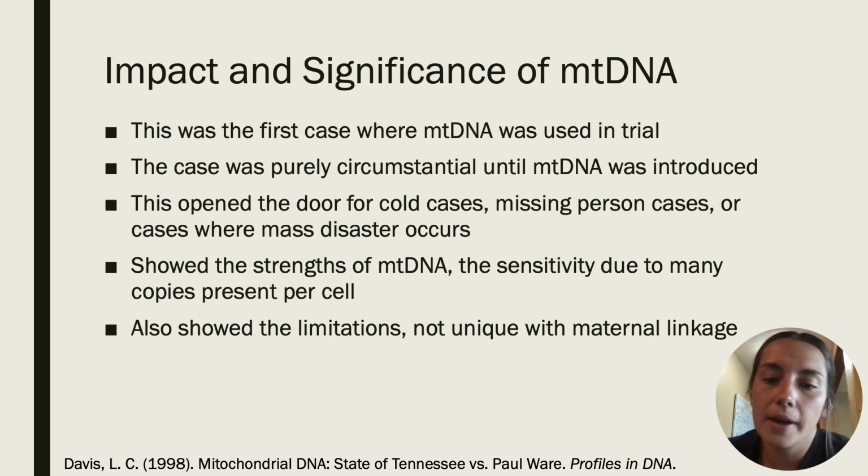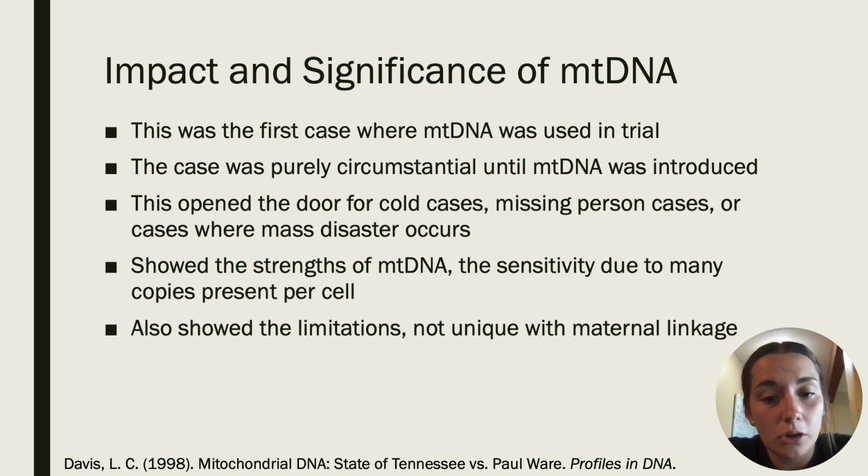So a little bit about the impact and significance of this mitochondrial DNA. This case occurred in 1996, and it was the first case where mitochondrial DNA was presented in a trial. So that was a pivotal moment in the forensic science world, because up until this DNA was introduced, everything else was pretty circumstantial, and there was no hard evidence to convict Paul Ware.